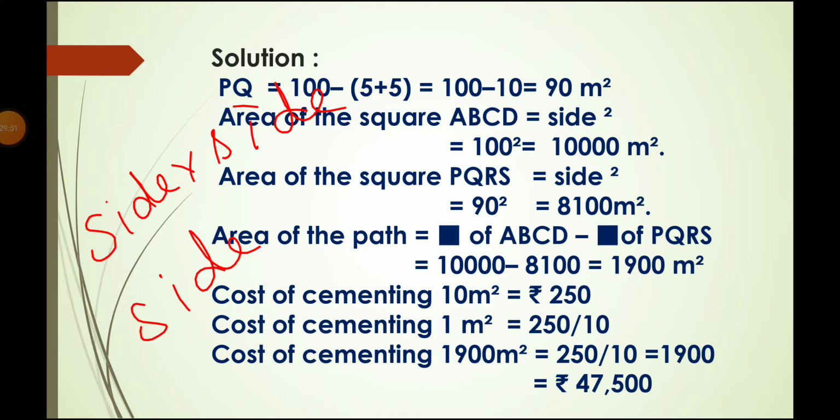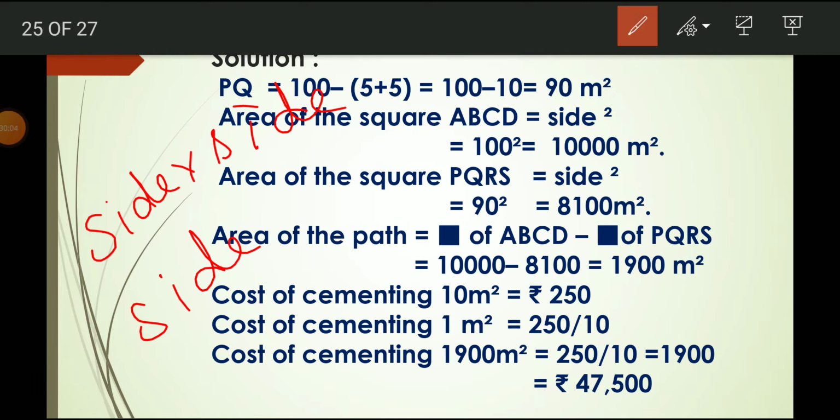Next, the cost of cementing 1900 meter square is 250 divided by 10 into 1900. The zeros will be cancelled and we get 25 into 1900.